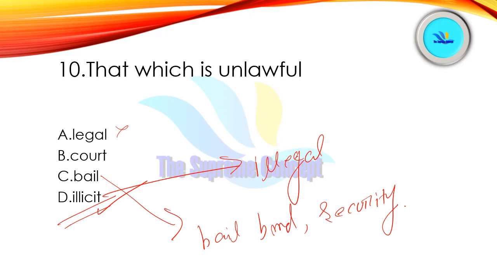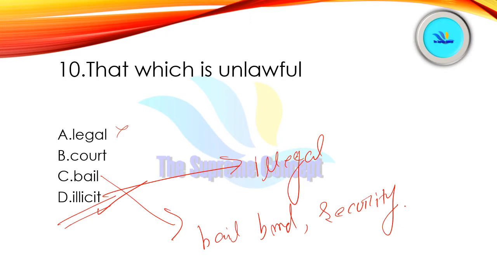If you are releasing someone who is accused of a crime with a bail, that means you are promising that you will bring that person when it is required to present in court, right? So bail is that kind of thing.